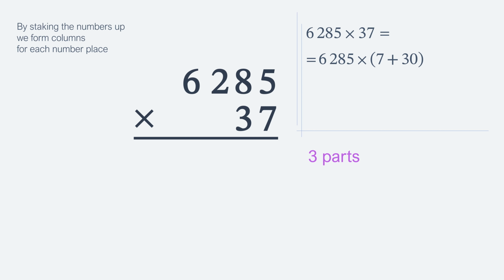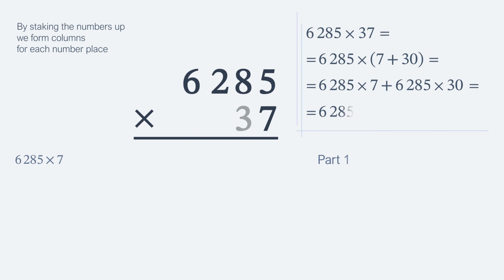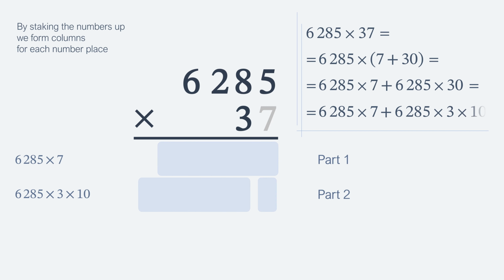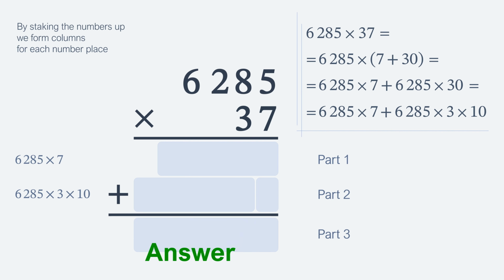If we open the parentheses, we get 6,285 times 7 plus 6,285 times 30. 30 is 3 times 10. So we can multiply 6,285 by 7, multiply 6,285 by 3, then by 10, and then add these two values.